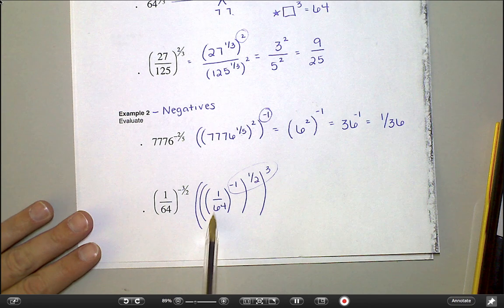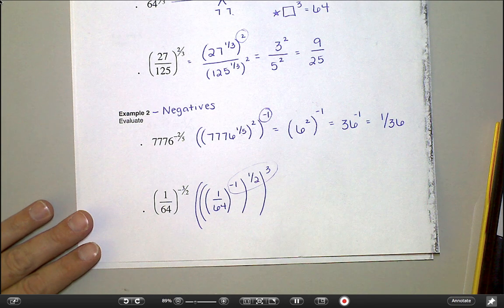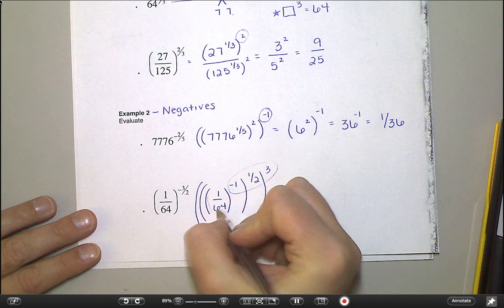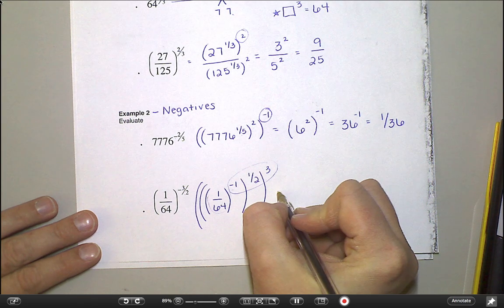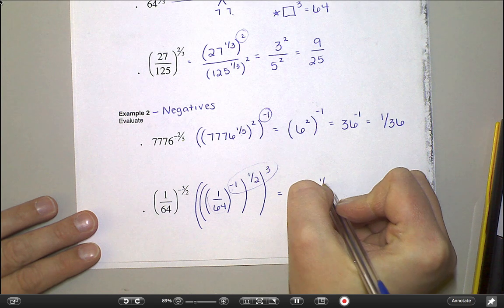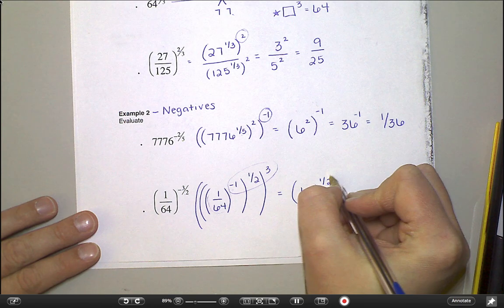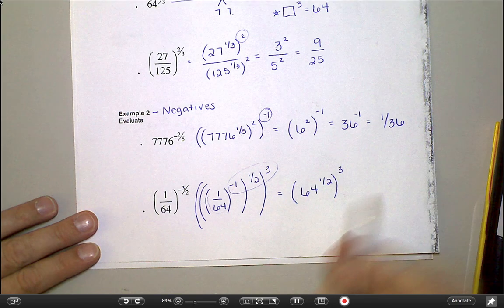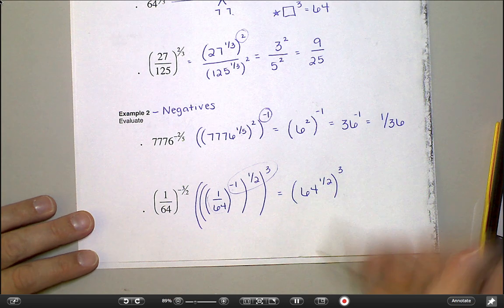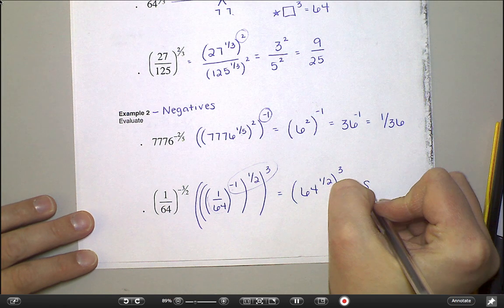But when I notice things like that, sometimes I like to do these in a different order. So applying the -1 to this first, that's going to flip it and make it 64/1, otherwise known as just 64. And then I have 64 to the 1/2, and then that's to the power of 3. All right, 64 to the 1/2, that's really like the square root of 64, so that's 8.